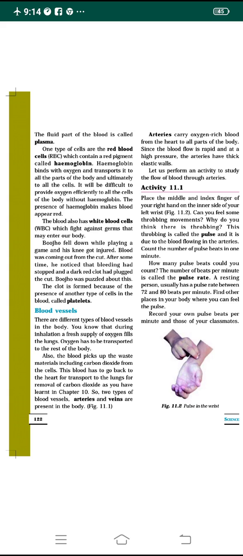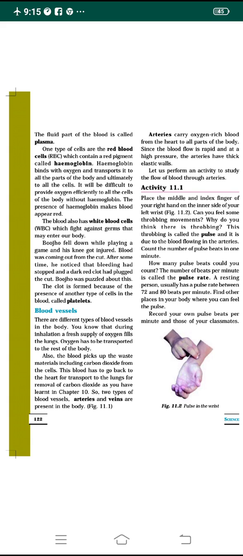There is one type of cells present in the blood that are called red blood cells, or RBCs. These red blood cells contain a red pigment called hemoglobin. Hemoglobin binds or attaches with oxygen, which is supplied through the lungs, and transports it to all the parts of the body and ultimately to all the cells.